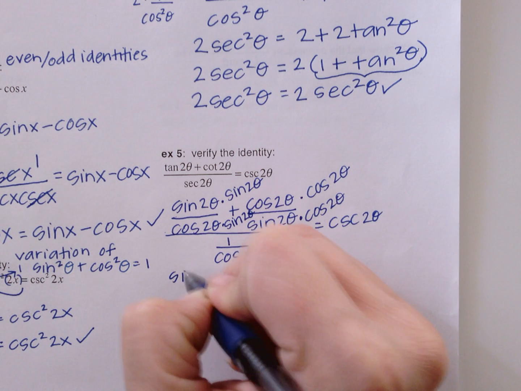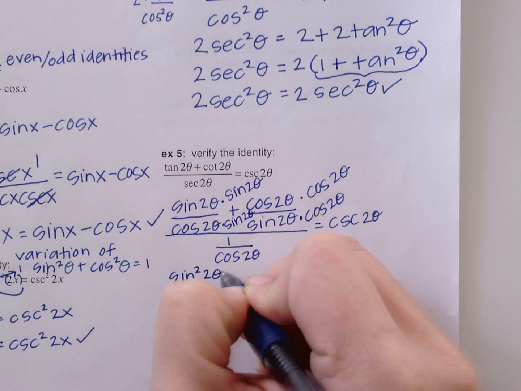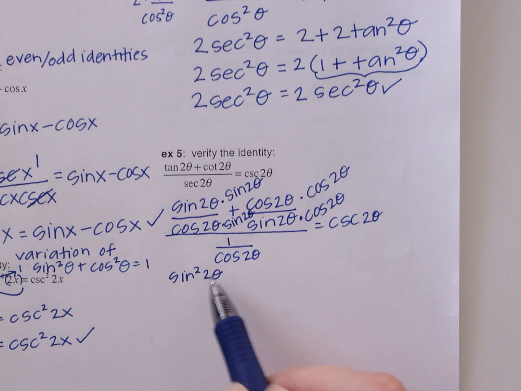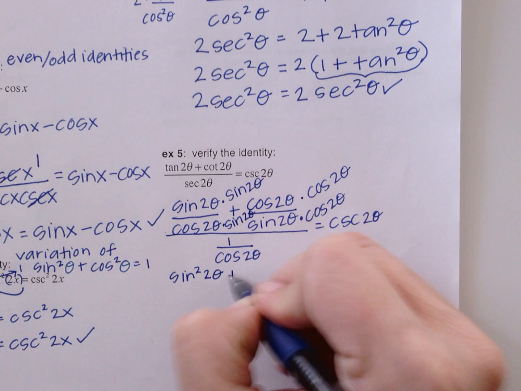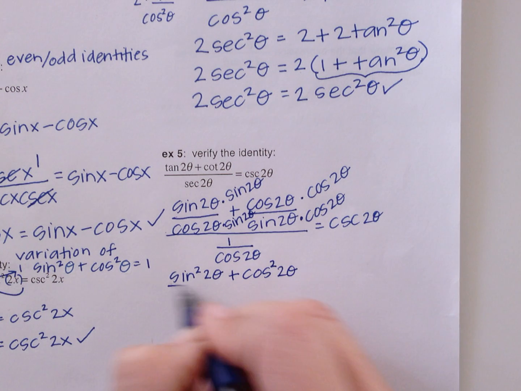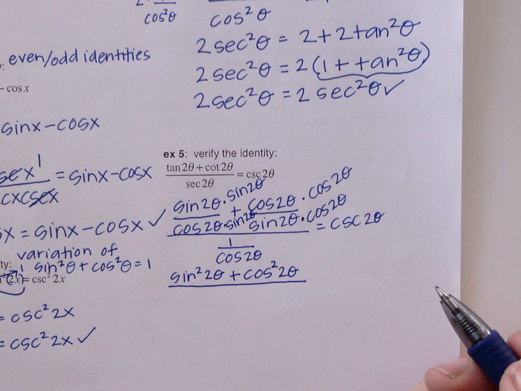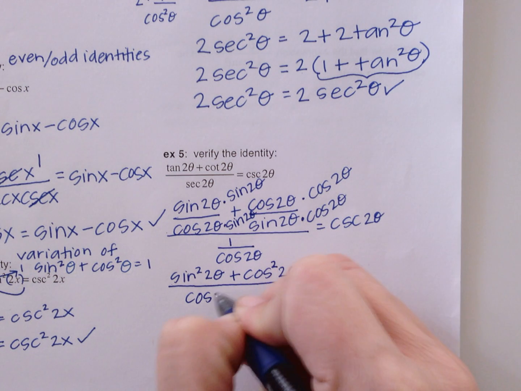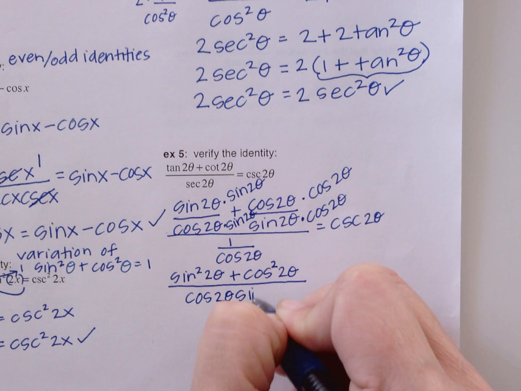So we have sine squared 2 theta. So that's weird. We haven't written like that, maybe one other time, but sine squared 2 theta plus cosine squared 2 theta all over this common denominator of cosine 2 theta sine 2 theta.